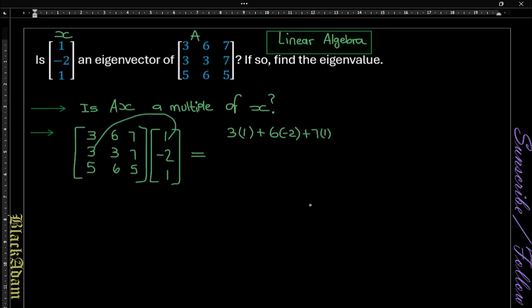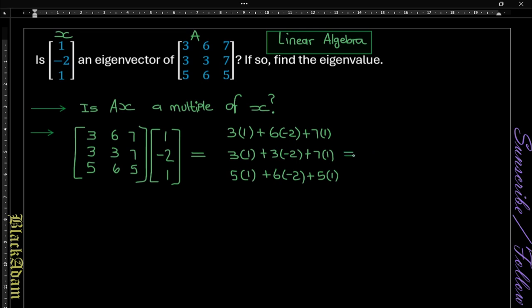And then 5 times 1, plus 6 times negative 2, plus 5 times 1.